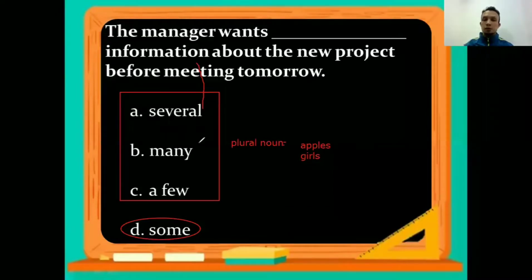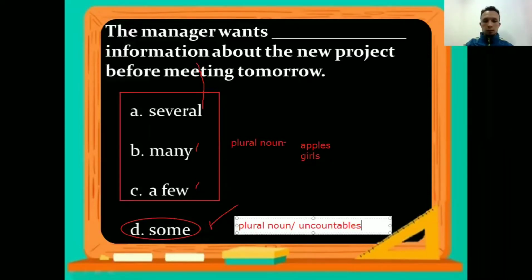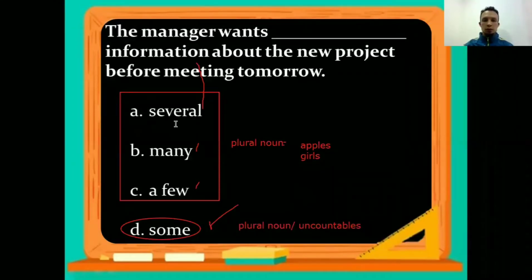The same happens with many, with a few. For that reason, some can be used, because some accepts plural nouns or uncountable ones. Okay? For that reason, we can use some.